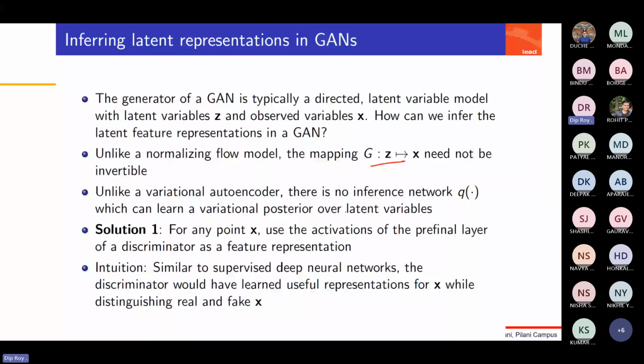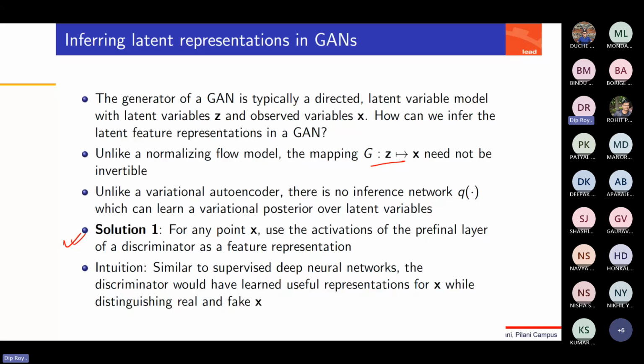Now, what are the solutions that we have? The first solution is, for any point X, use the activation of a predefined layer of the discriminator as a feature representation. This is an old trick that many people use, where as you move forward in a neural network, each layer represents different levels of abstraction.